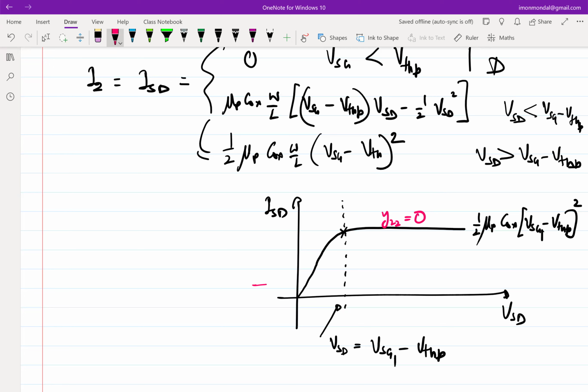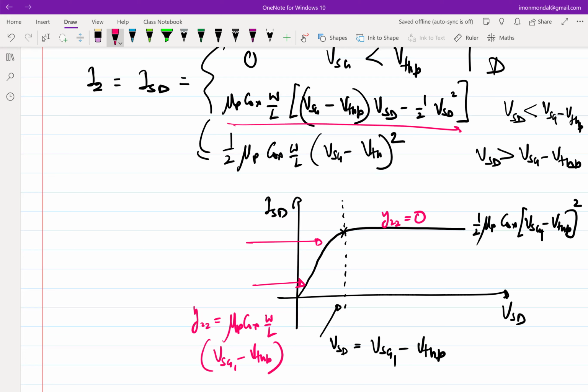What will be Y22 somewhere where I am operating at VSD much lesser than VSG1 minus threshold voltage? It will be a straight line and the value will be mu P C ox W over L times VSG1 minus threshold voltage, right? And somewhere over here where I cannot really neglect the other term, I have to differentiate this.